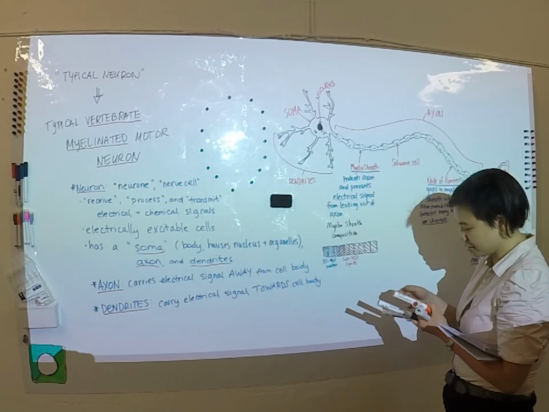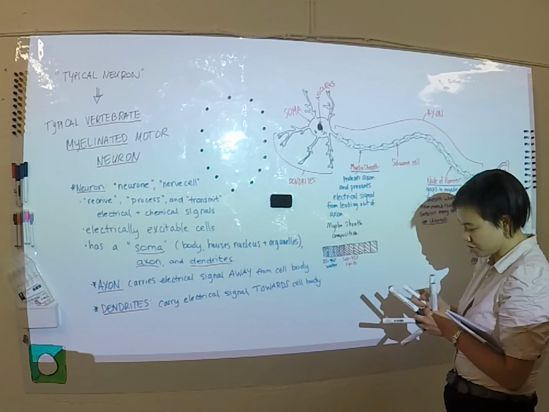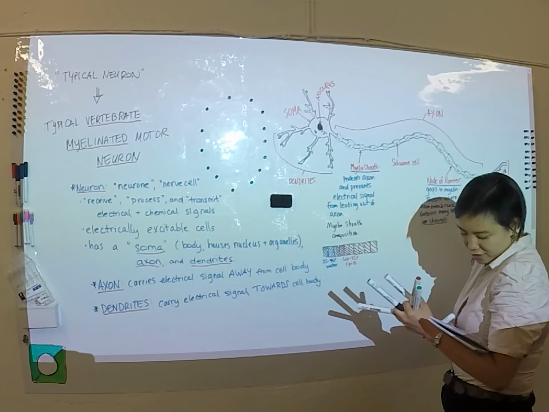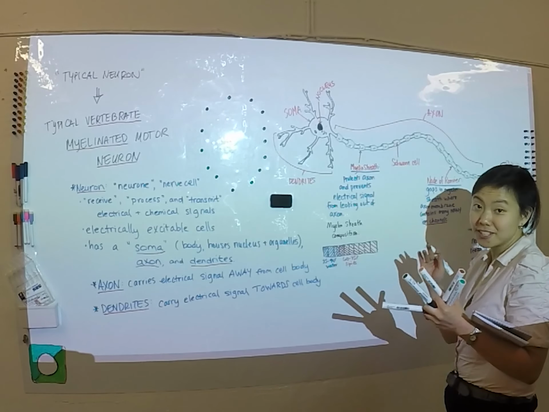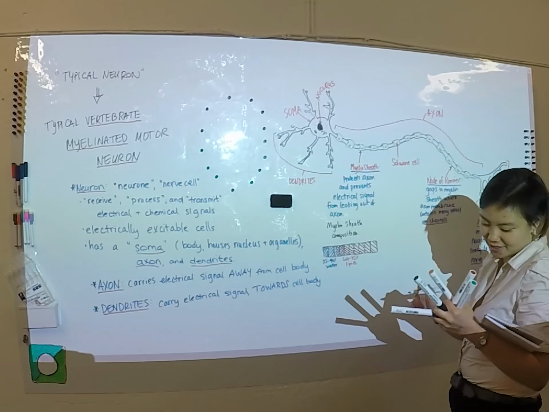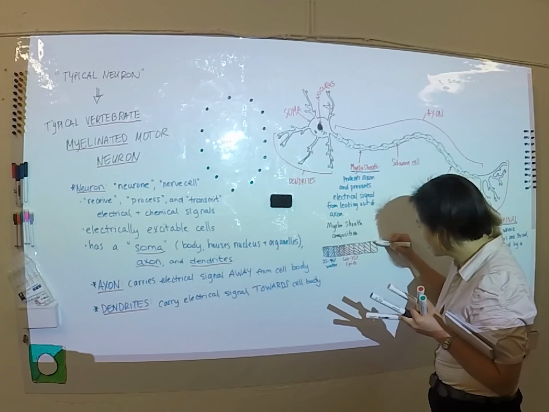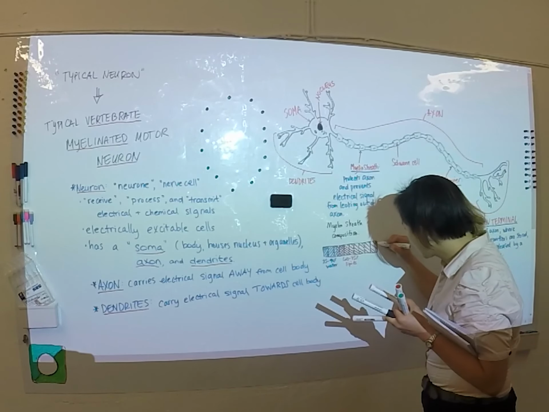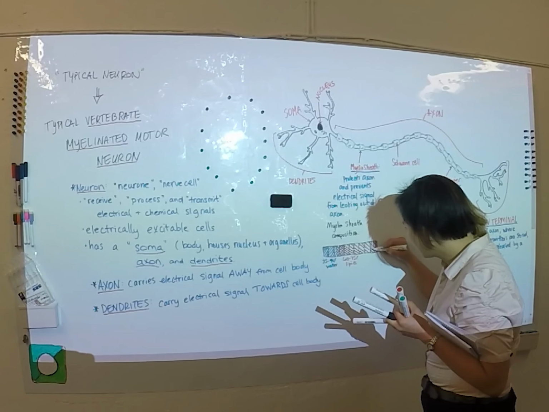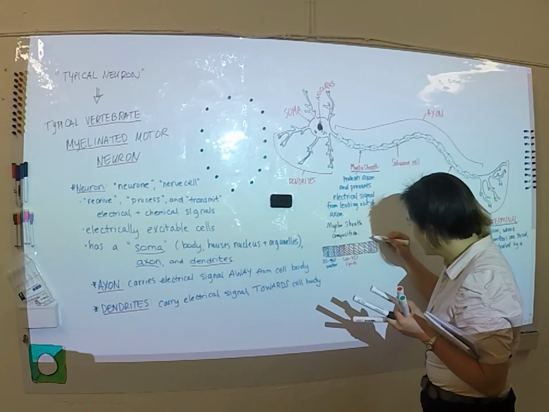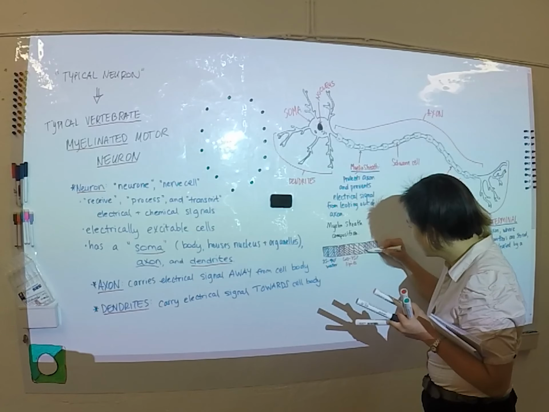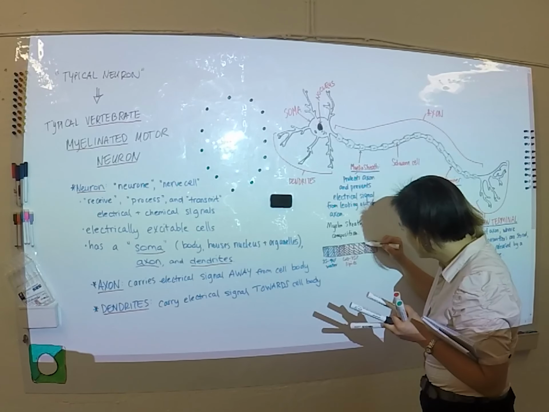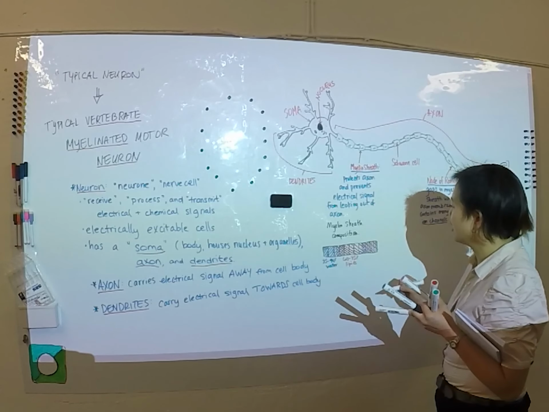Let's use purple. Okay, so protein is 15 to 25%. Okay, so now we're gonna go. So that was 10, 20, 25.